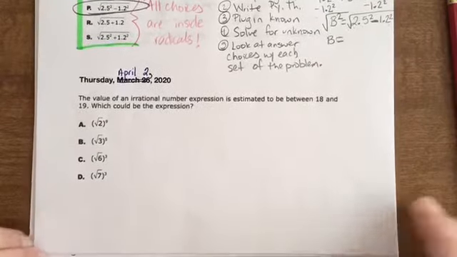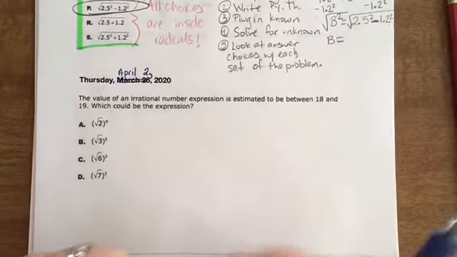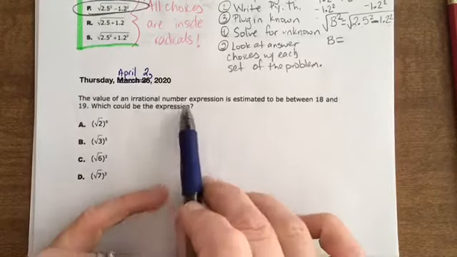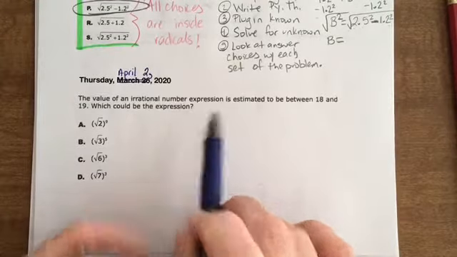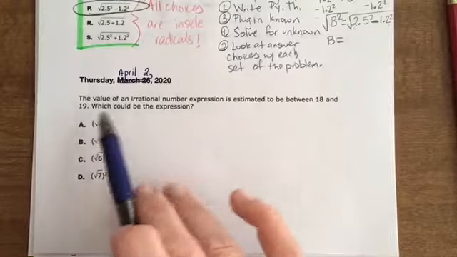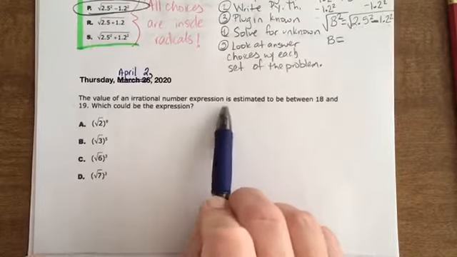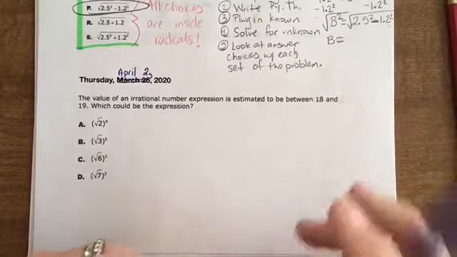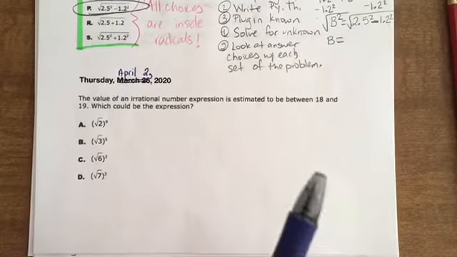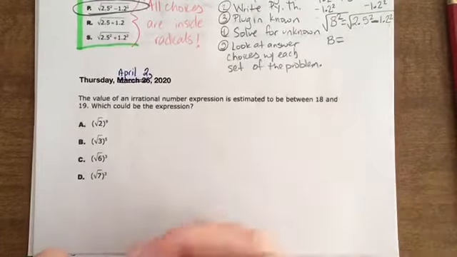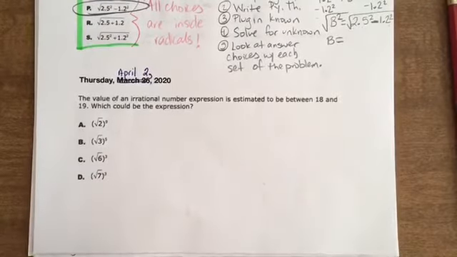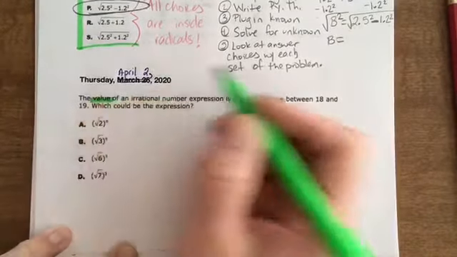So today's question: the value of an irrational number expression is estimated to be between 18 and 19, which could be the expression. In terms of keywords, we're looking at the value.